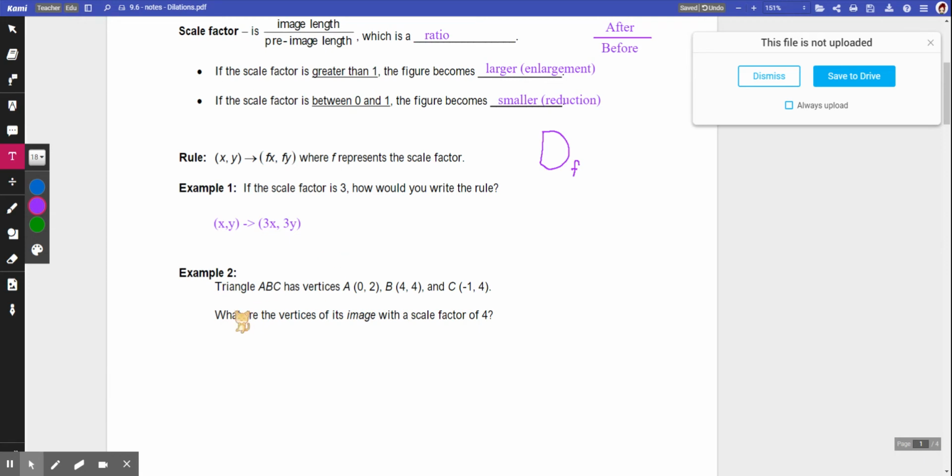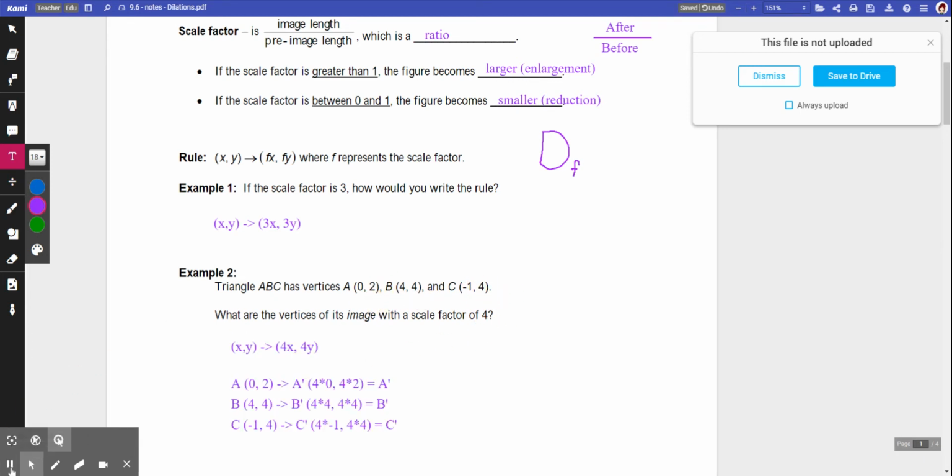So if I have a triangle that has these three points as its vertices, with a scale factor of 4, the image is going to be these coordinates multiplied by 4. So my algebraic rule is (x, y) maps onto (4x, 4y). For each coordinate, I plug that coordinate into the rule.